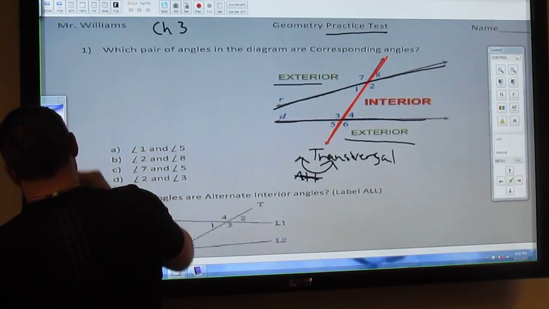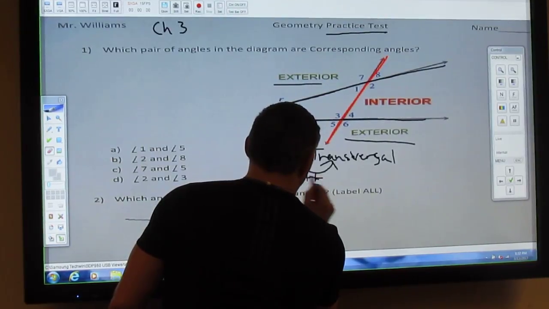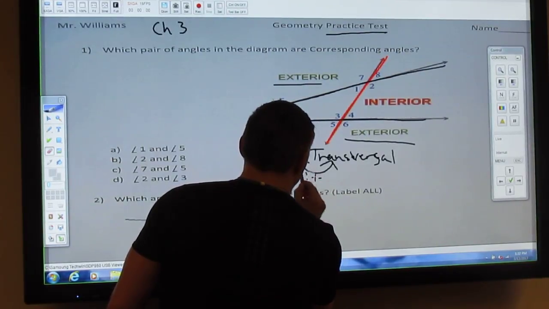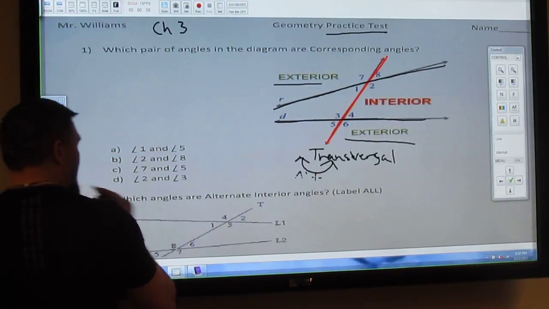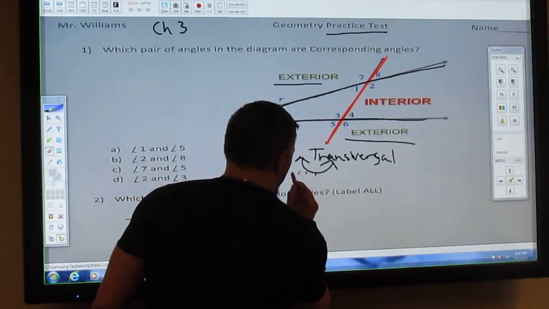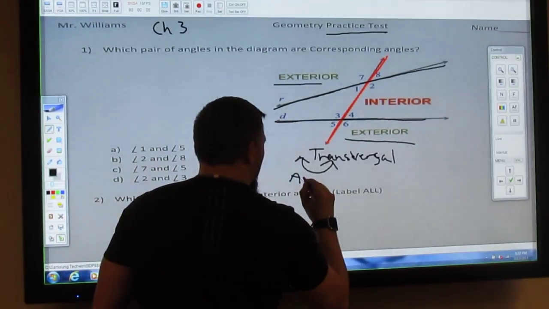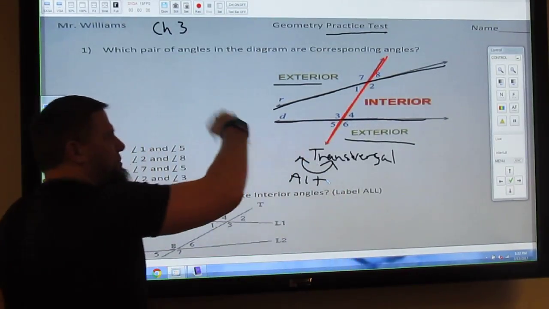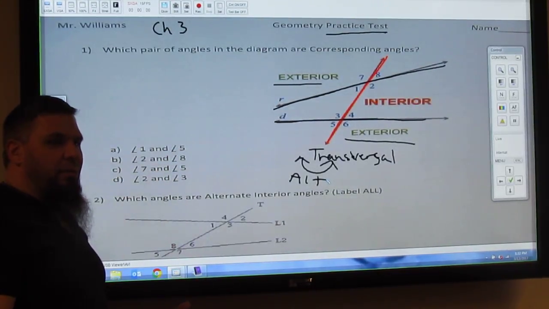When they alternate around the transversal, then they're called alternating, right?